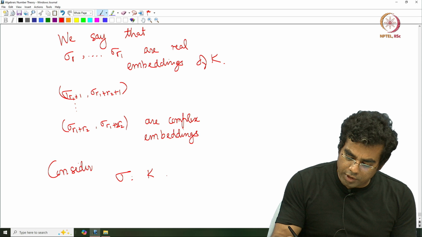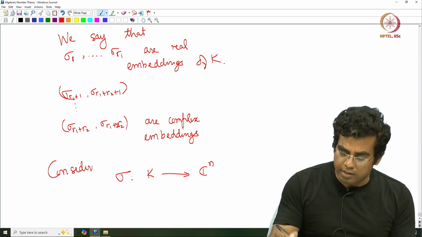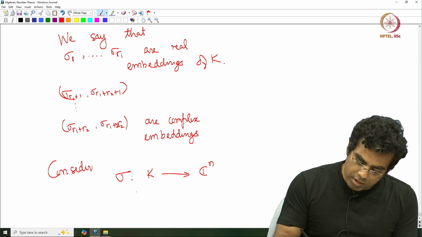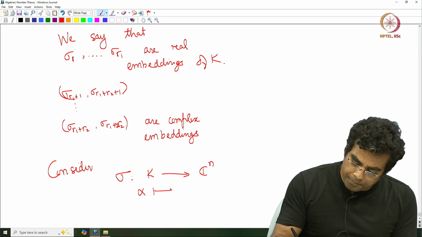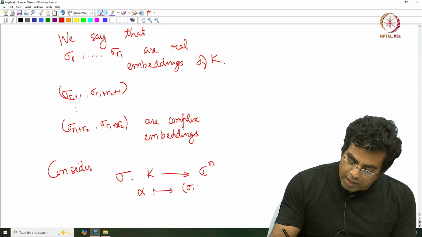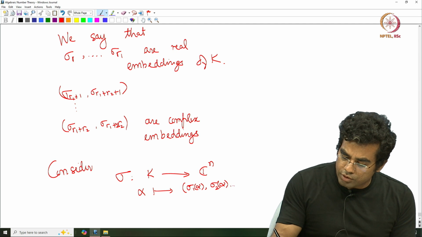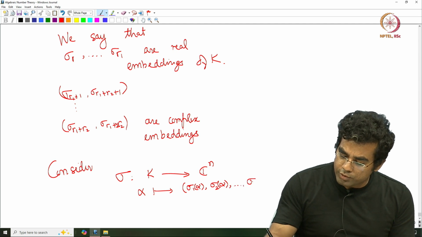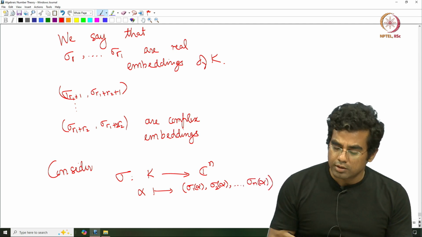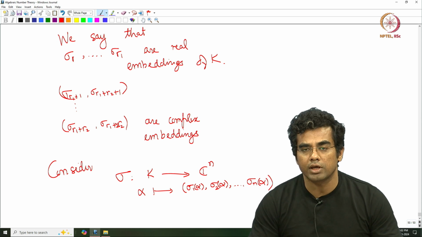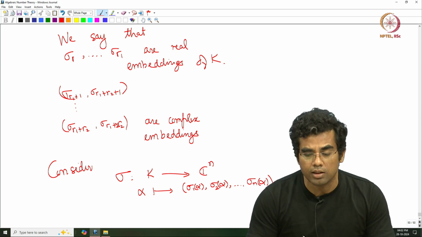sigma from K to C to the n, and what is this map? It takes any alpha to sigma 1 alpha, sigma 2 alpha and so on up to sigma n alpha, right. So, this is a natural map that we can consider from K to C to the n.